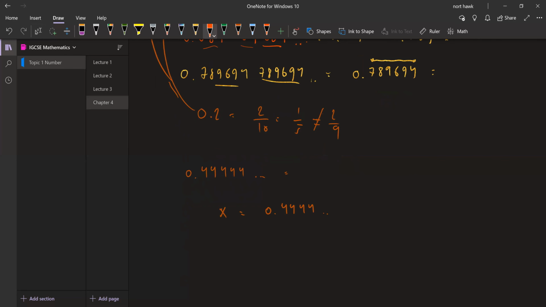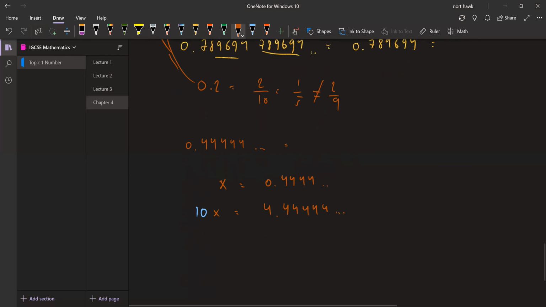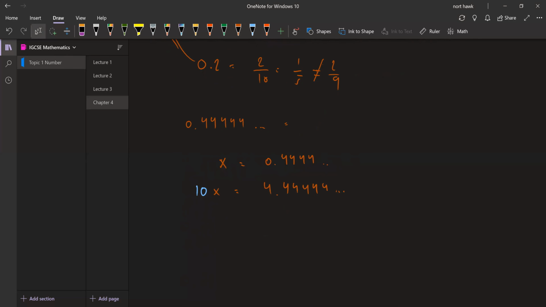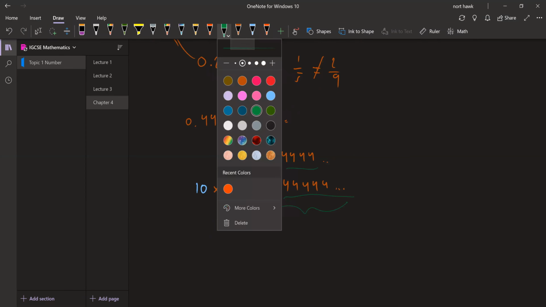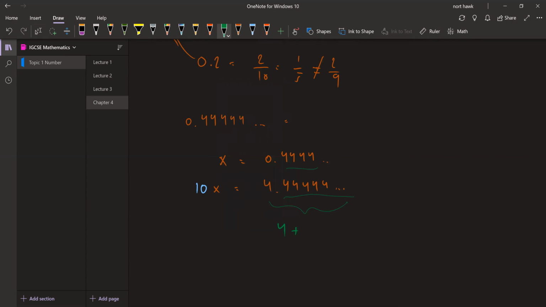Now, 10x would be equal to 4.4444, right? And so on. What I could do is, notice that this right here is the same as that, the only difference is that this is equal to 4 plus 0.4444, and so on.